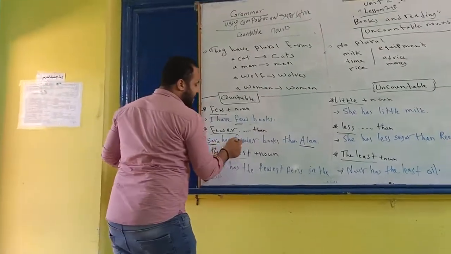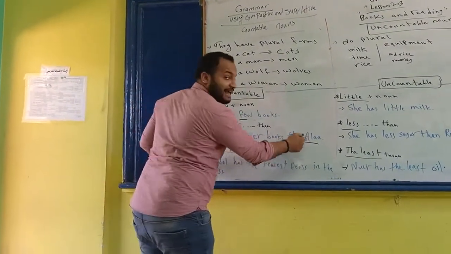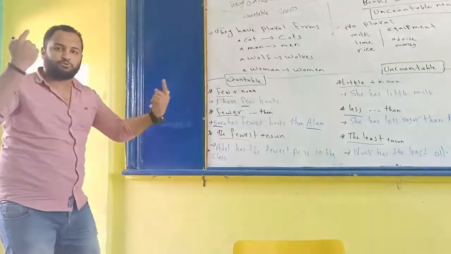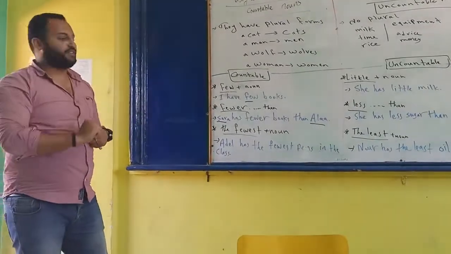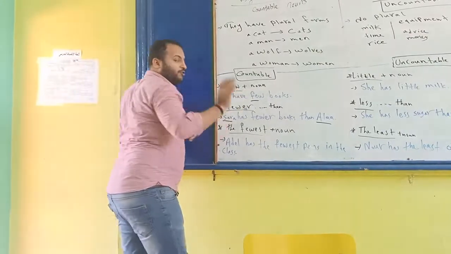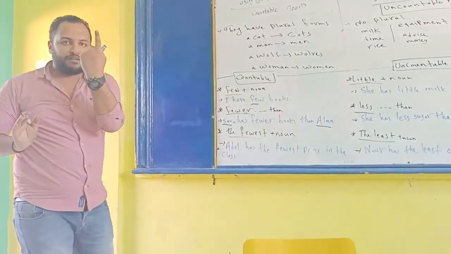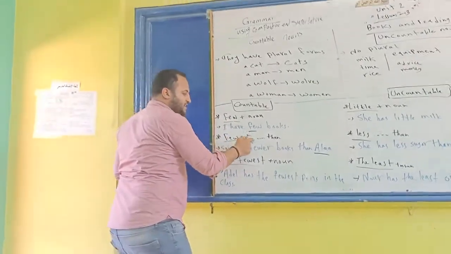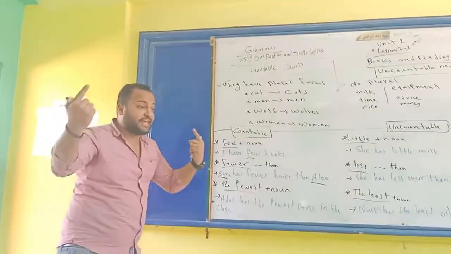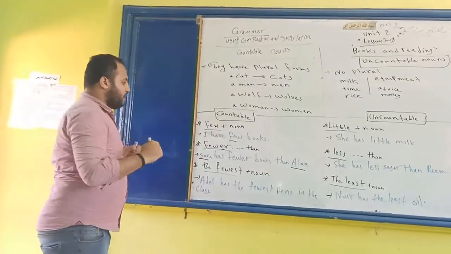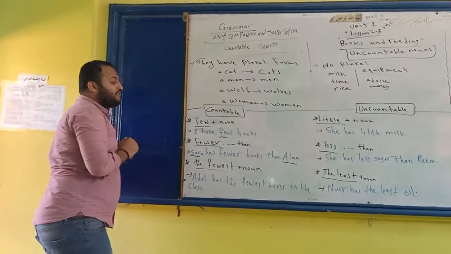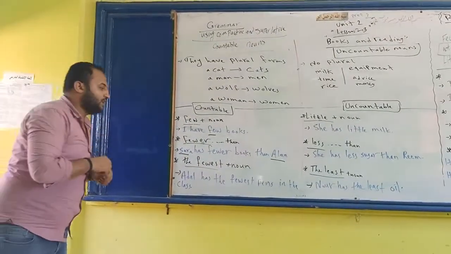Sarah has fewer books than Ella. Now I'm talking about 2 persons, so I use comparative. So few, a normal way, I talk about one thing. Fewer plus noun plus than, I talk about 2 things or 2 persons. Like this.